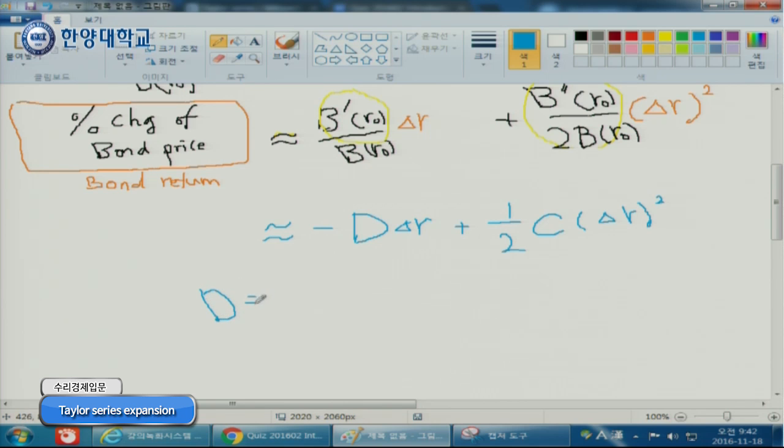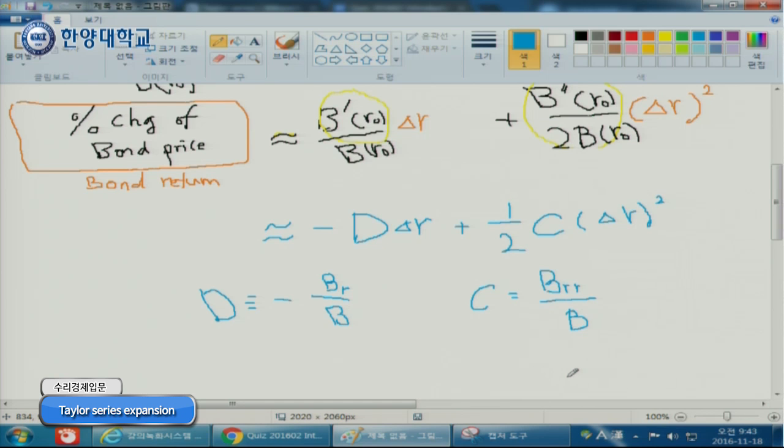Here D means minus B prime over B, derivative with respect to R. C is B second derivative with respect to R, over B. Convexity. So remember we have a minus over here because this is minus, so minus minus plus. When interest goes up, bond price goes down. Right? So this is minus or minus, so we have plus.